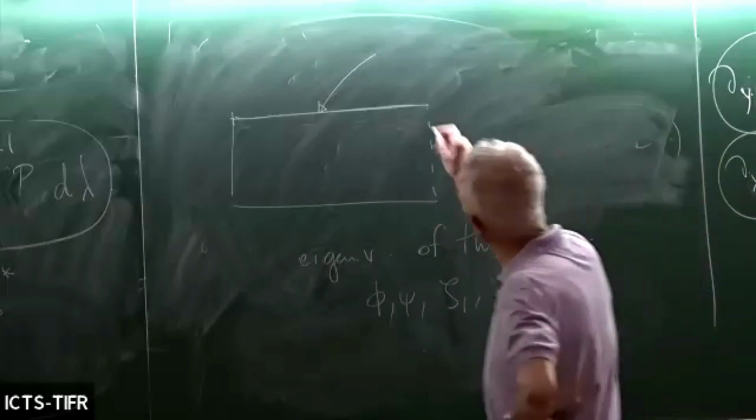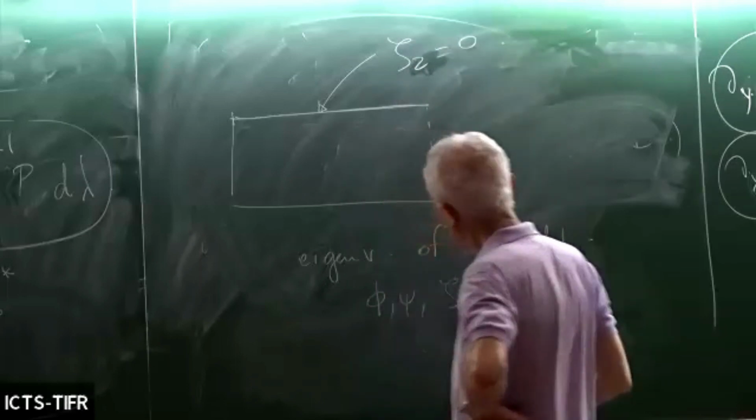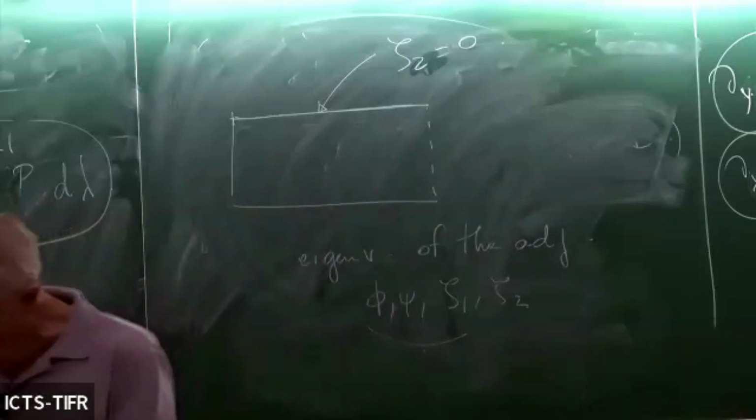So I must prove that if zeta 2 is 0, then the other components are also 0.